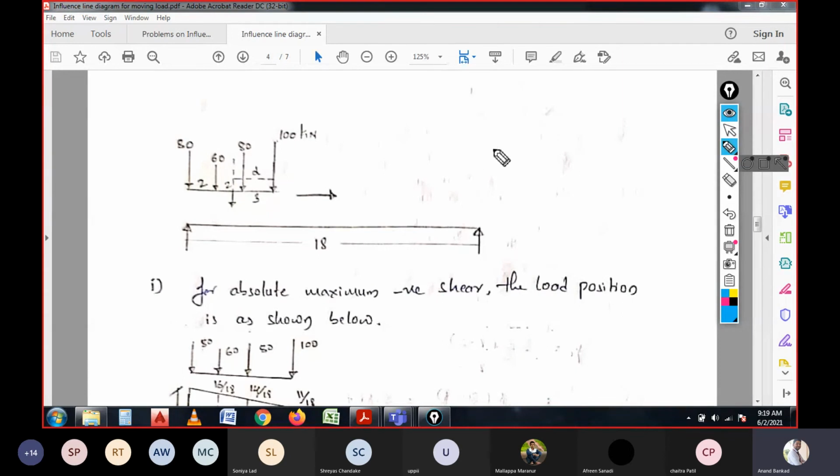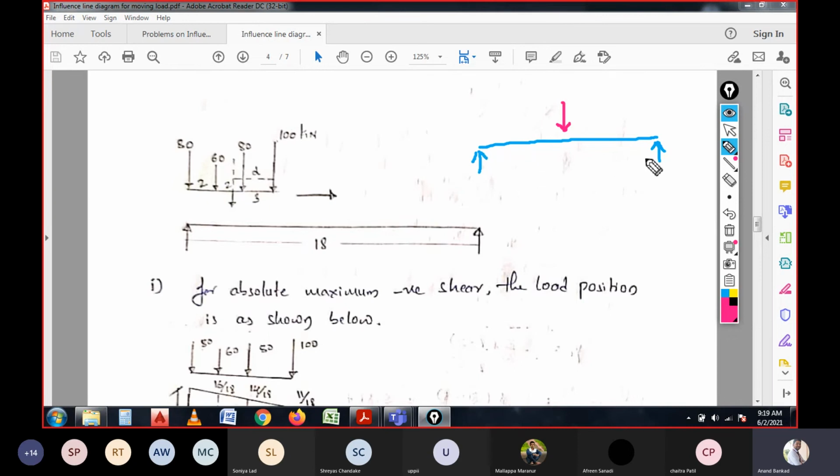here if you see, is there any beam having a support over here? If the particular beam is to be calculated for shear force, then if you apply the load at the center, the shear force value will be almost equal to 0.